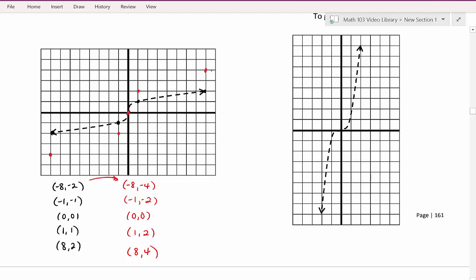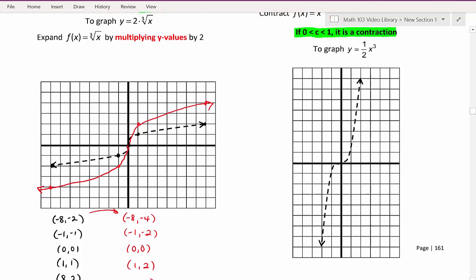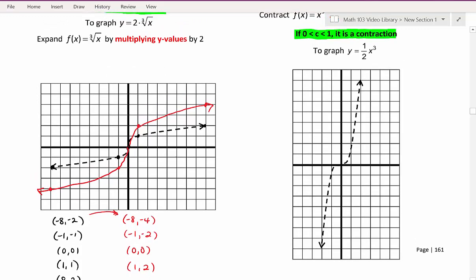And then draw in the graph. The shape has definitely changed. It has expanded vertically. And what we have there in red is the graph of y equals 2 times the cube root of x.